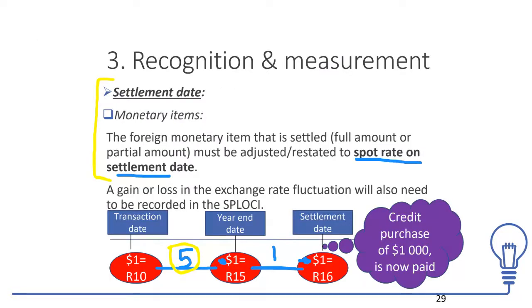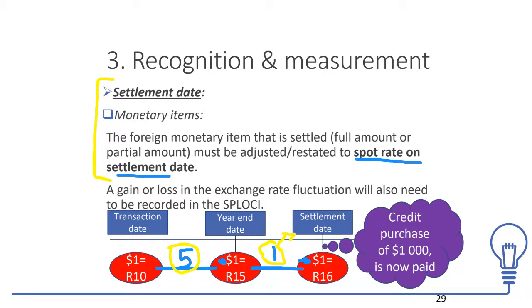Okay, back to our slide. So we recorded a non-monetary item, which is our inventory, but we still have our creditor, which is a monetary item, and we need to revalue that monetary item. So we need to revalue it again just before we settle it. Settle it means pay it. Why do we need to revalue it again before we pay it?